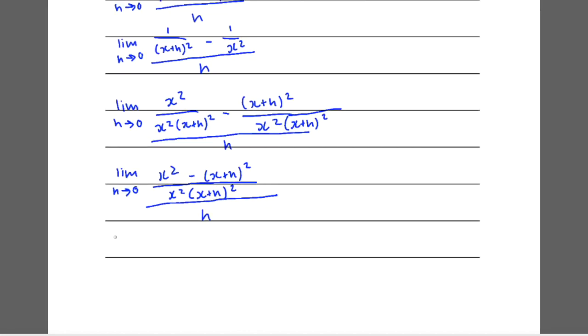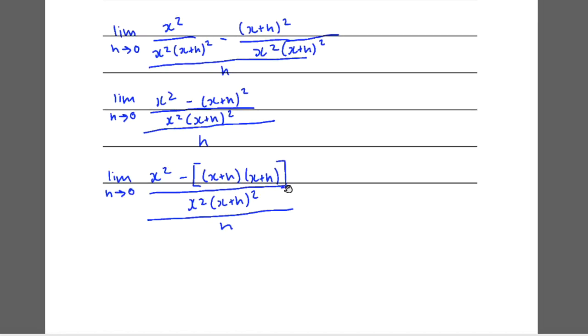Alright, we keep going, we can expand the top part, so that's the limit as h approaches 0 of x squared. Alright, expanding this out would give us minus, let's just do big brackets for now, so to be x plus h, because that's what squared means, all divided by x squared by x plus h squared.